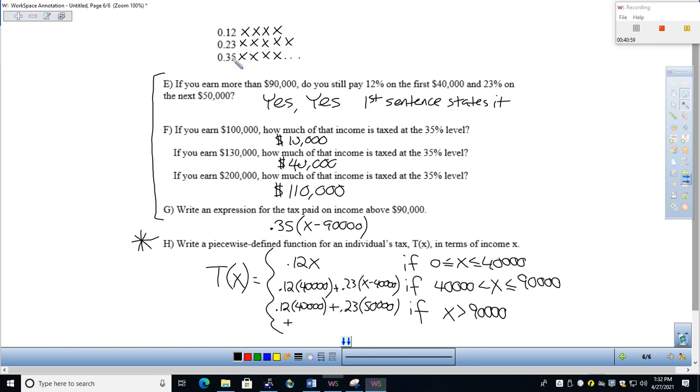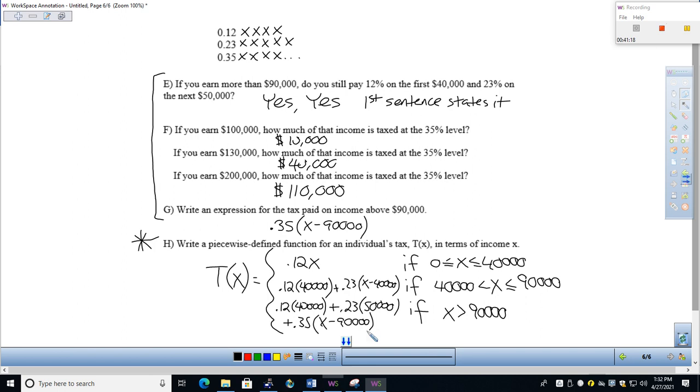Then the 35% kicks in just for the amount above 90, because I've already been taxed on 90, right? 40 and 50 make 90. So now the 35% gets kicked in for just the amount above 90,000.